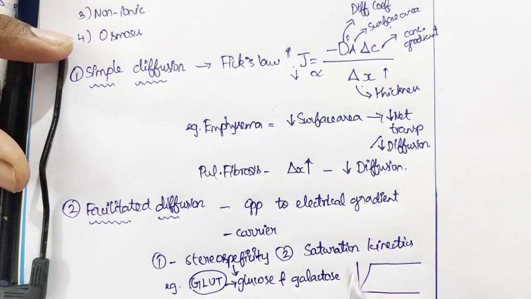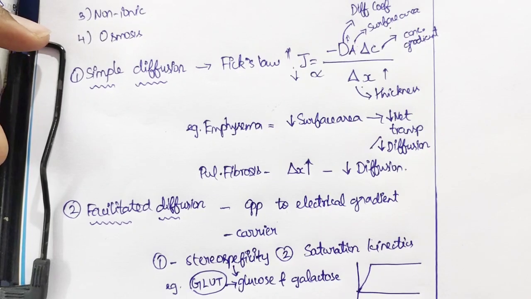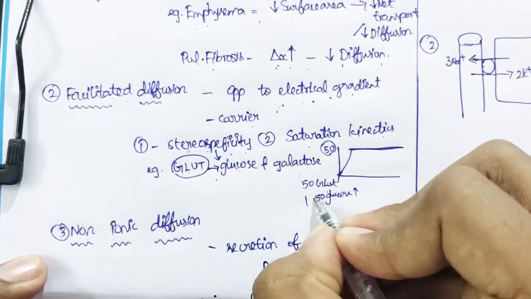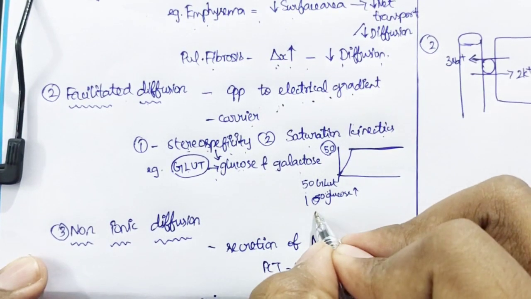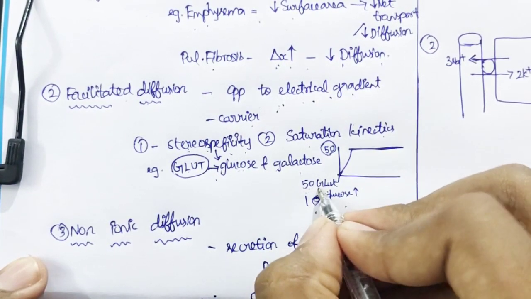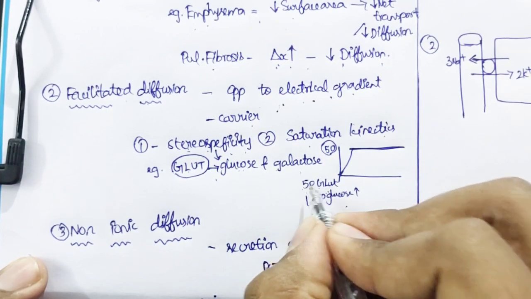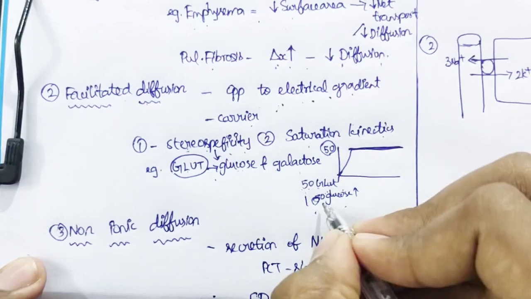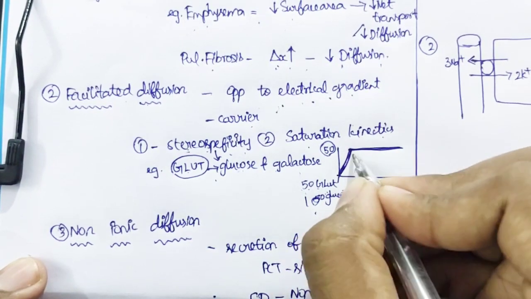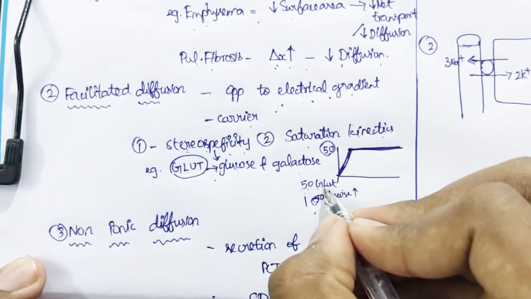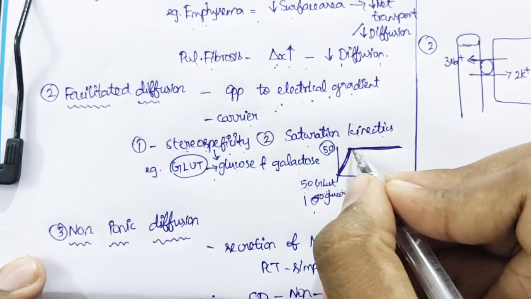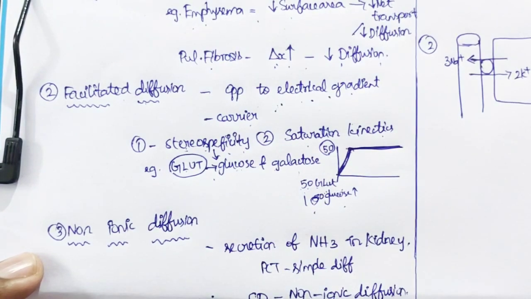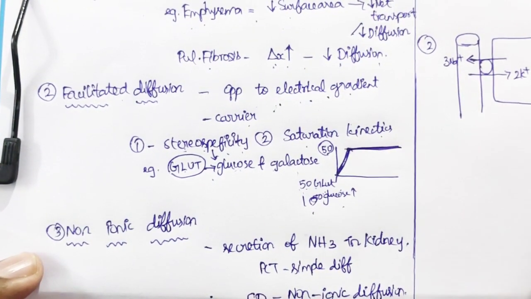For example, if one GLUT can transport one glucose, and we have 50 GLUT and 100 glucose, these 50 GLUT can pair with only one glucose each, so it can carry only 50 glucose. So from there it becomes saturated. That is saturation kinetics. I hope you understand.